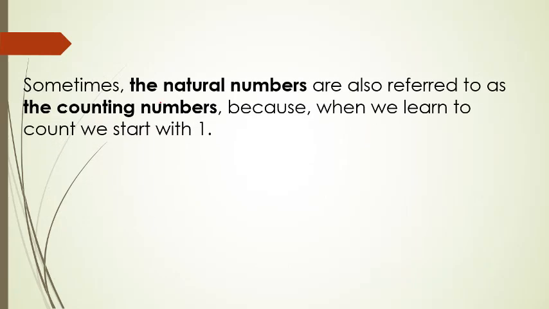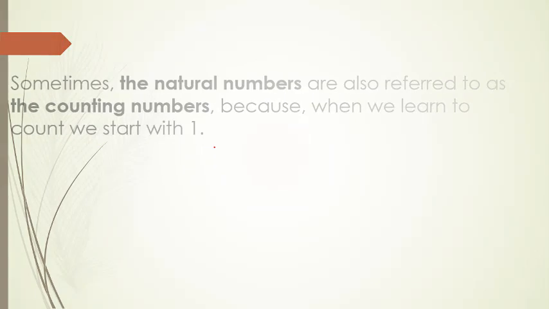Why? Sometimes the natural numbers are also referred to as the counting numbers because when we learn to count, we start with 1. This is why we call them the natural numbers, because this is what we naturally do when we are counting. We don't start with 0, we start with 1. Okay?